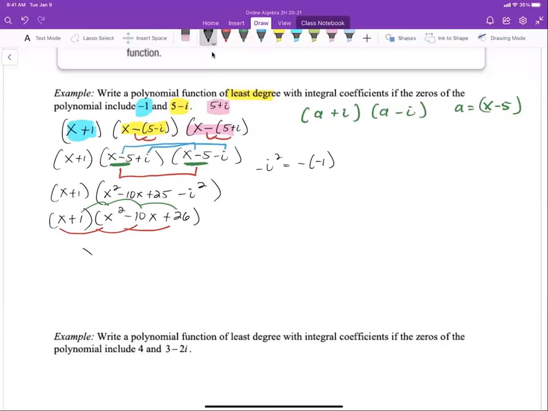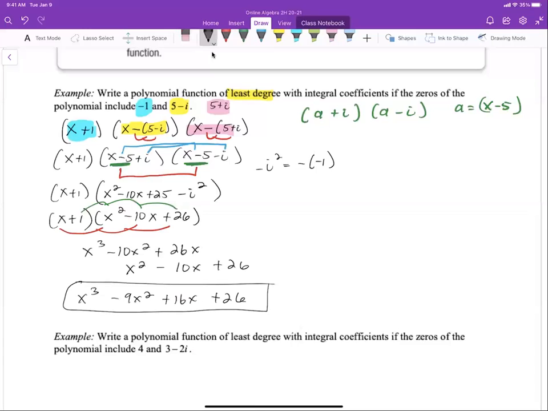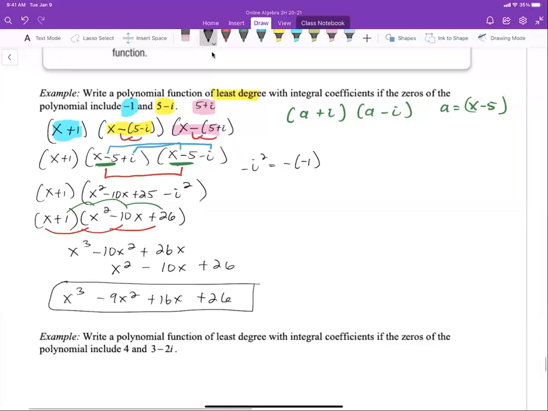So I get x cubed minus 10x squared plus 26x, and then x squared minus 10x plus 26. I need to add them. X cubed, I get negative 9x squared, plus 16x plus 26. And unless I did something wrong, that is our answer. Okay, let's try another one.